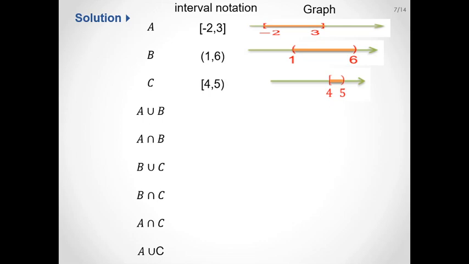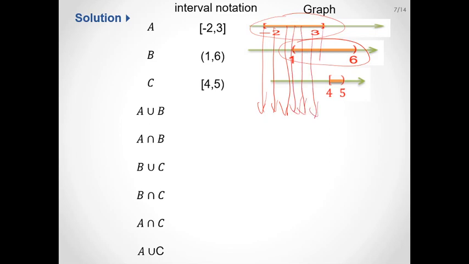Now let's find the union of A and B. A union B, this is A and this is B. When taking the union, you're taking all the elements of A, and all the elements of B, including the common elements also, the ones that are common and the ones that are not.